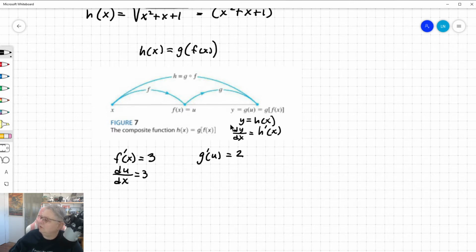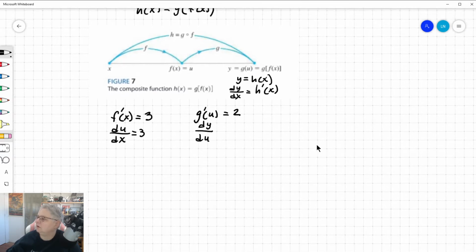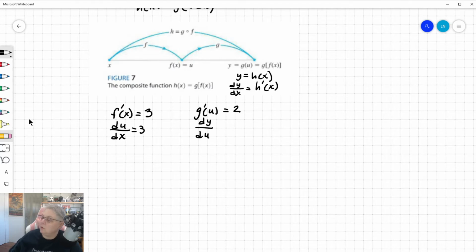And if g of u is y, then g prime of u would be dy/du. So if I want dy/dx, I can get that by taking du/dx and multiplying it by dy/du.